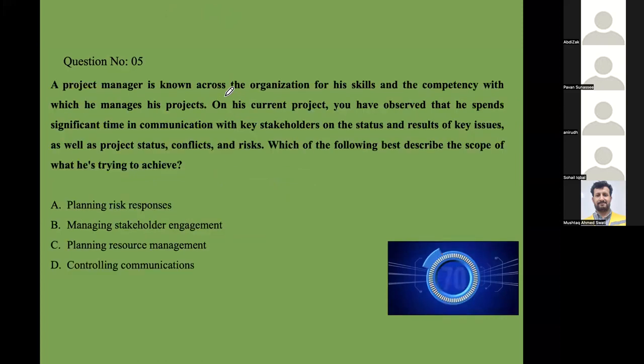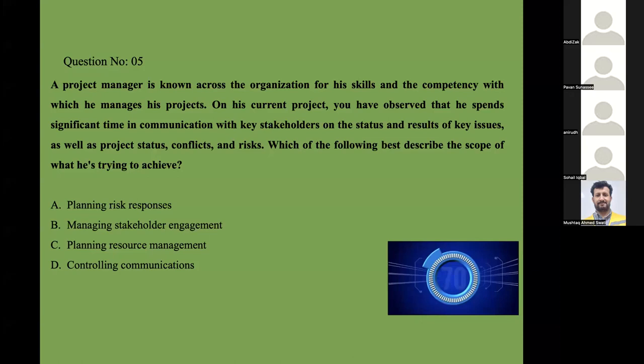Suhail Iqbal, would you like to solve the question? Yes, okay, I will. Question number 5. A project manager is known across the organization for his skills and the competency with which he manages his projects.